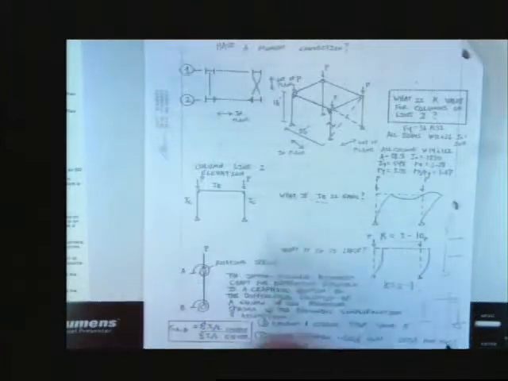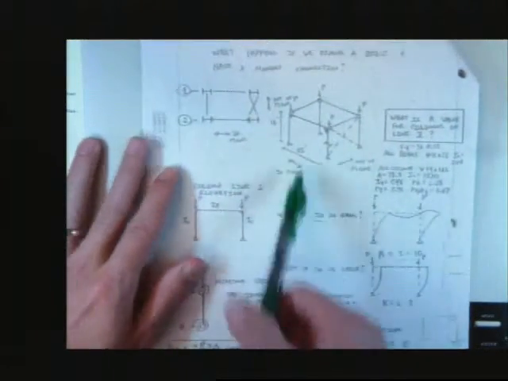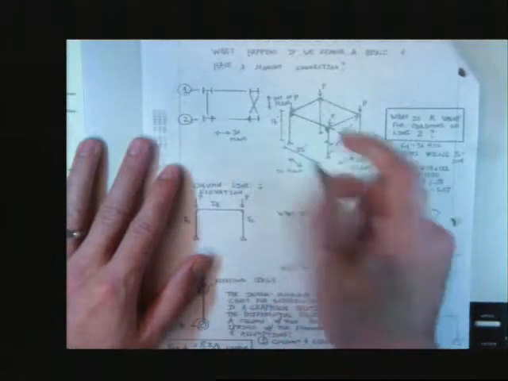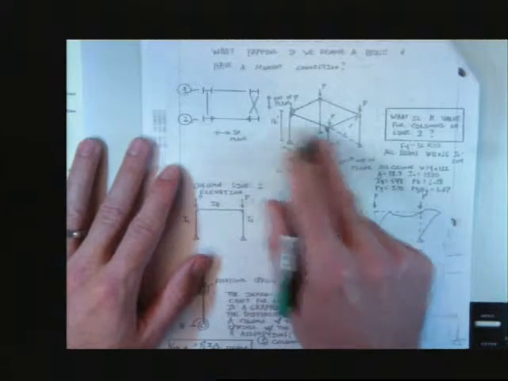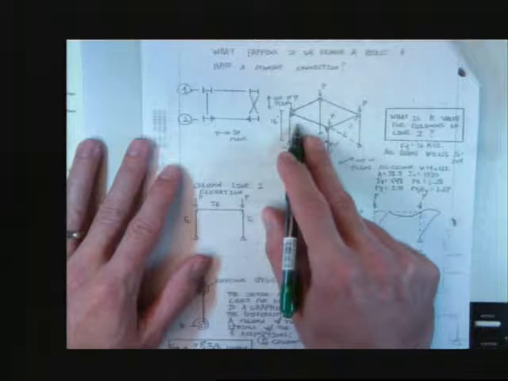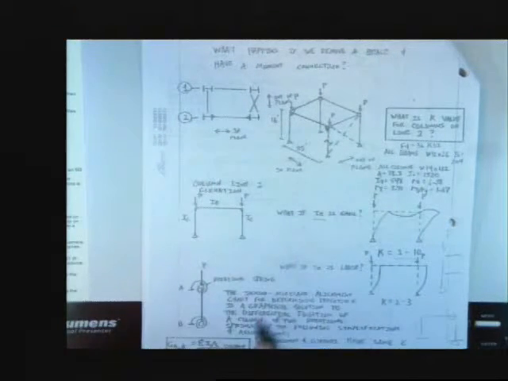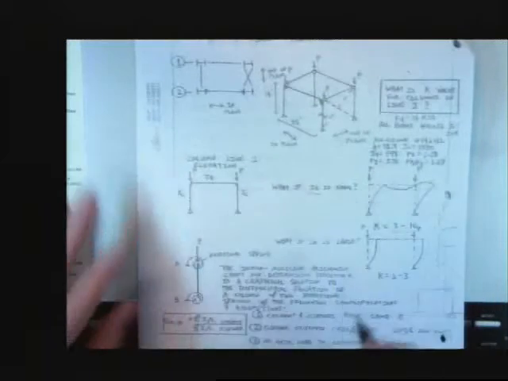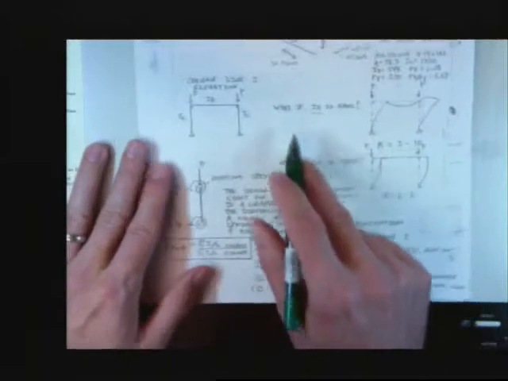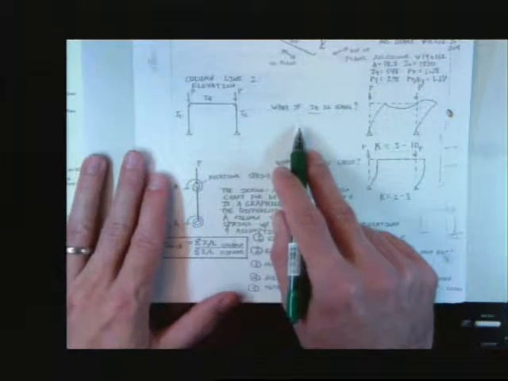Okay, so I introduced this. I said, what happens if we took a frame and I have connections here that are moment resisting connections? Remember, those aren't fixed connections. They're moment resisting connections. And how do we handle situations like this? Well, it starts to play the what if game.